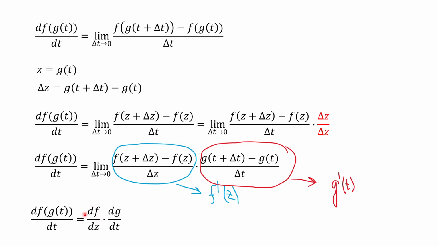And that's going to be the derivative of f with respect to its argument, which we call z, times the derivative of g with respect to its argument t. What I wrote here has a name. It's called the chain rule. The chain rule is used very, very often in calculus when we need to calculate derivatives of rather complicated functions.